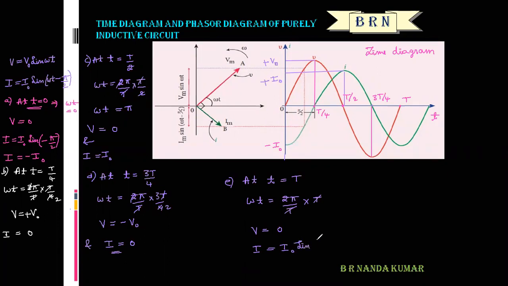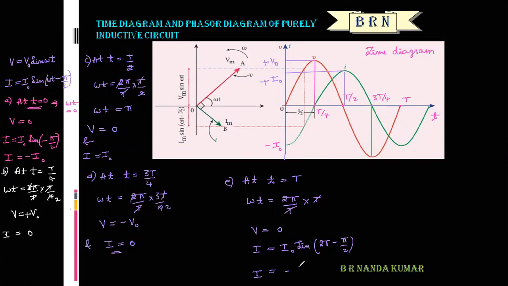What is the LCM? LCM is 2. So 4 pi minus pi is 3 pi by 2. Sine 3 pi by 2 is minus 1. That is minus 1 into I naught, minus I naught.